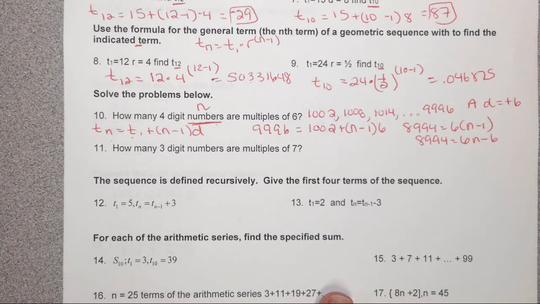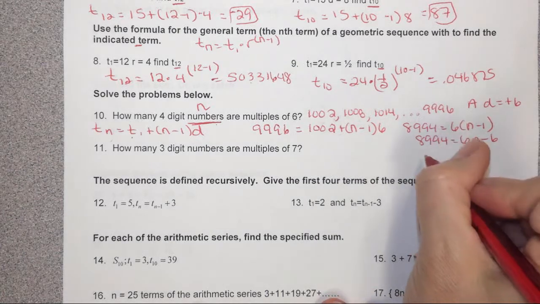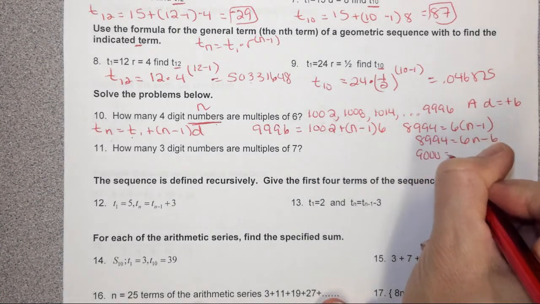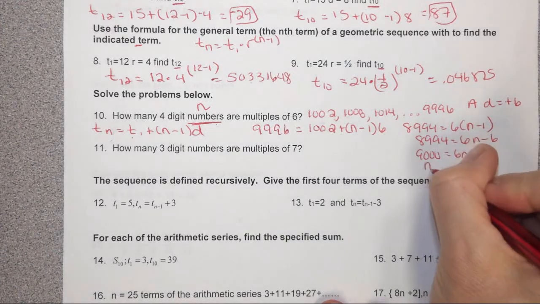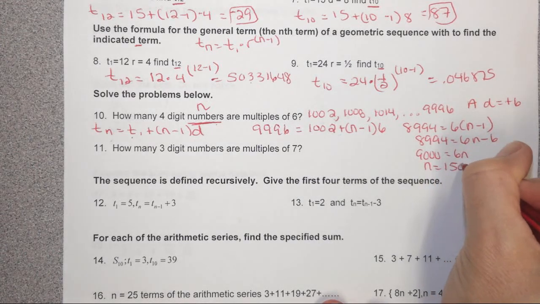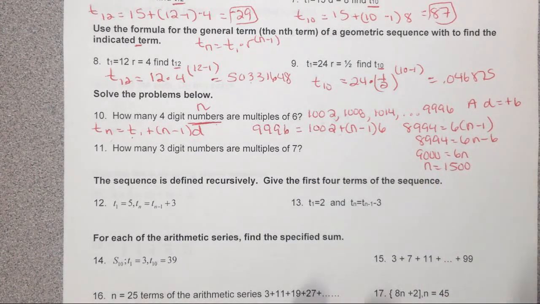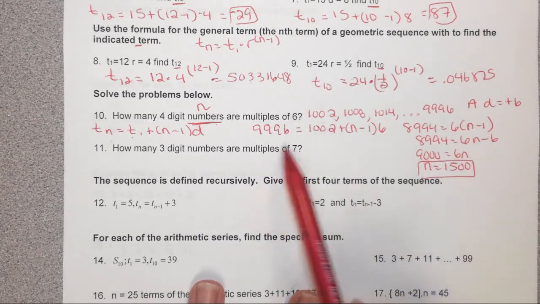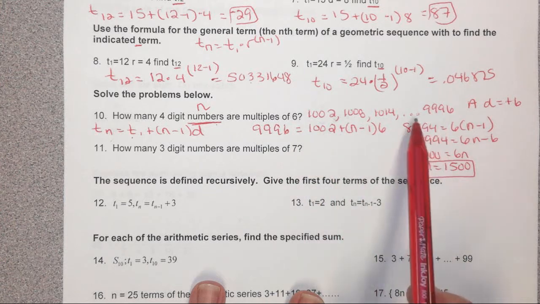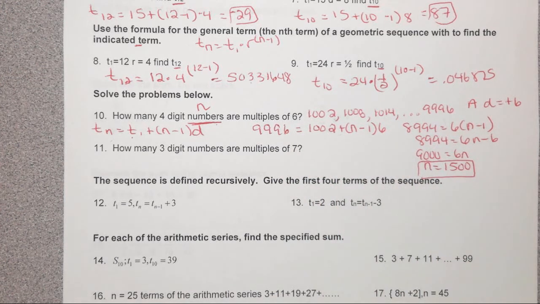Then you're going to add 6 to both sides. So you have 9,000 equals 6n. And you're going to divide by 6. So n equals 1,500. So there are 1,500 terms that are divisible by 6 between 1,002 and 9,996.